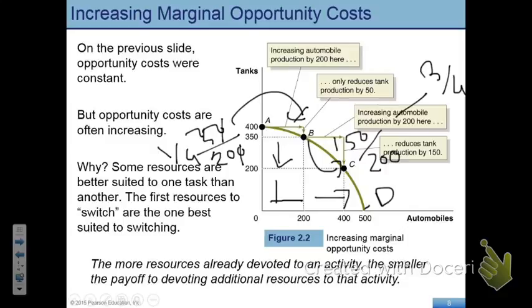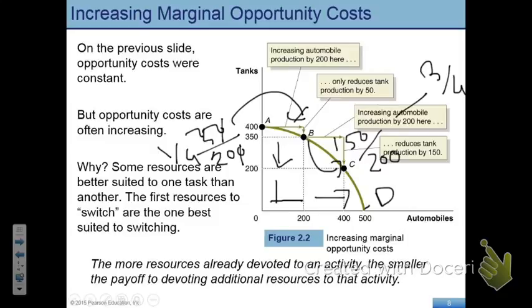That has an equivalent observation in terms of the slope of the production possibility frontier. Hopefully this week or last week your SI leaders have talked about how you can calculate the slope. As we move from A to B to C and further down, the slope increases.